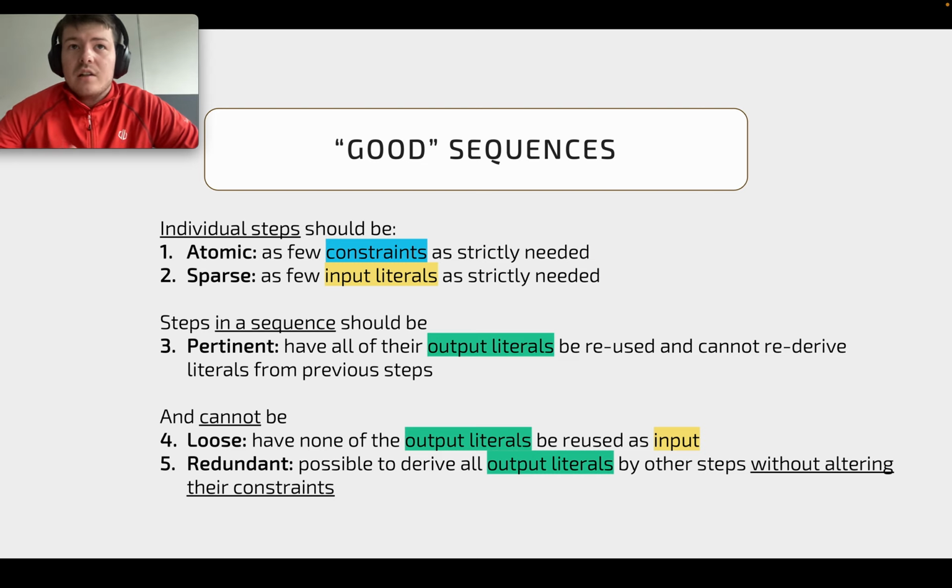We could have left that step out and just let other steps derive the output literals as well. So these are the 5 properties that we came up with that we believe are good for explanation sequences that are easy to understand.